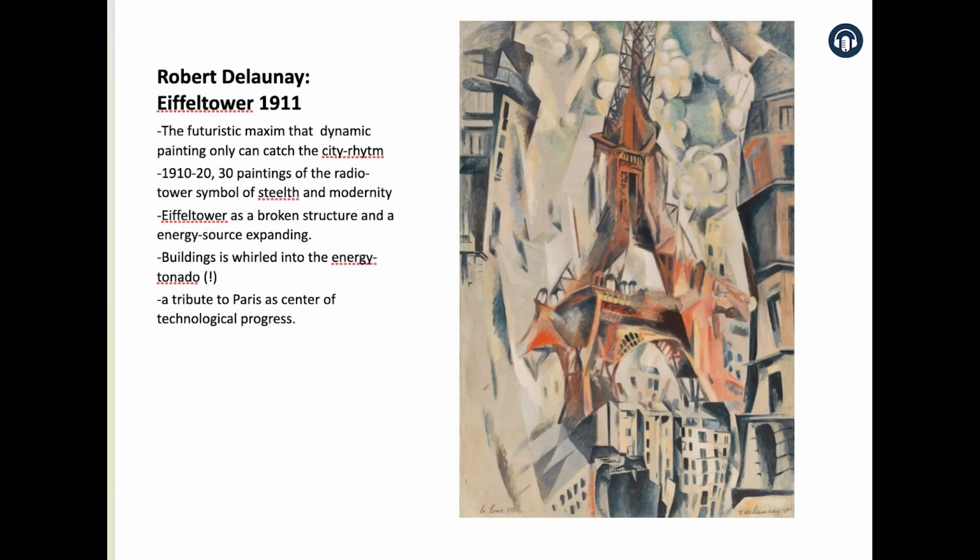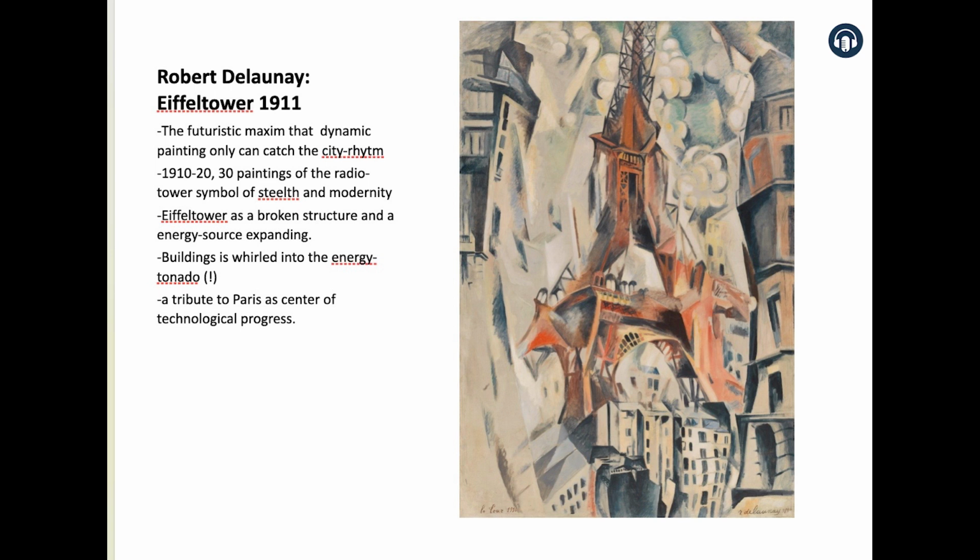And now we look at a painted picture by Robert Delaunay, his Eiffel Tower from 1911. The futurist maxim that dynamic painting alone can capture the city comes from Marinetti. Read the Futurist Manifesto by Marinetti, with the cars and all this kind of thing, about how sculpture and art should express the future.